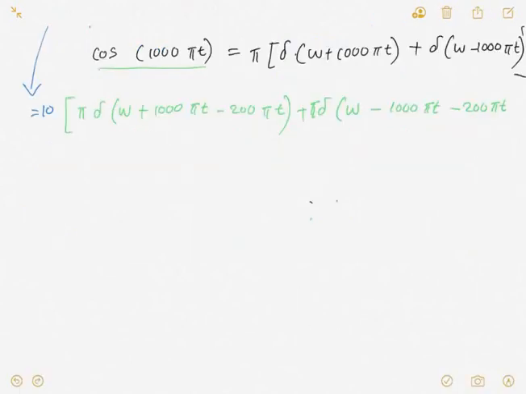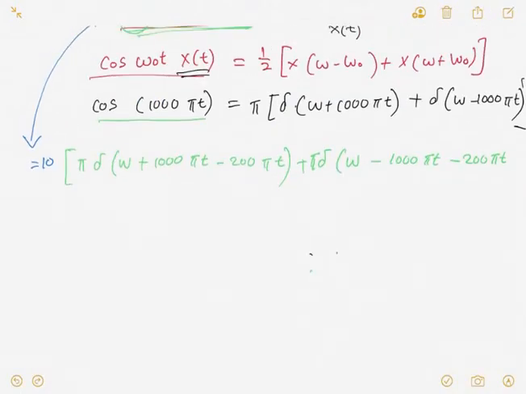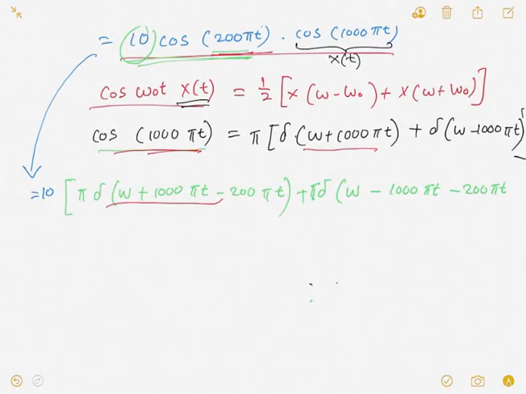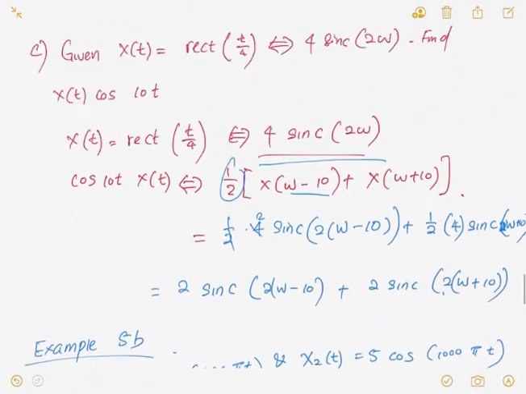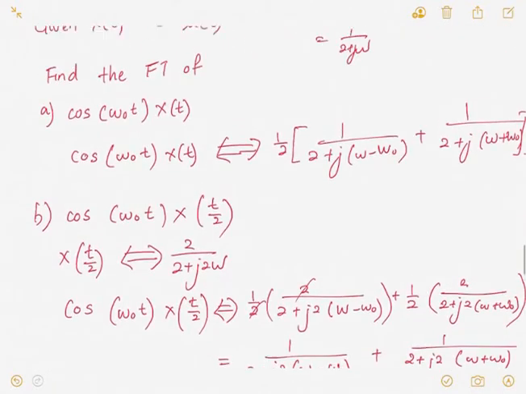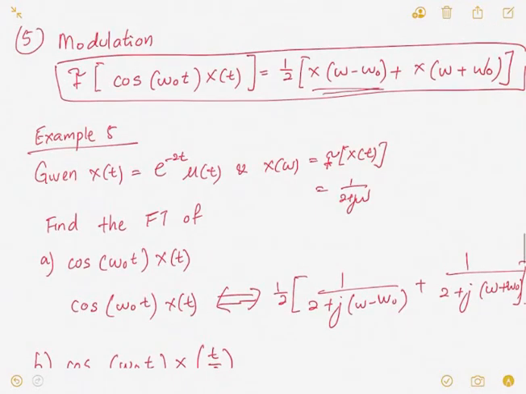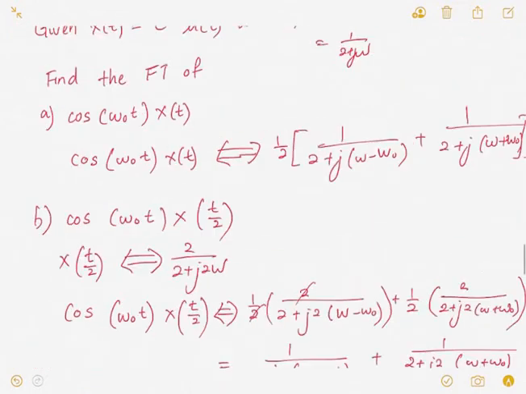So actually this is a combination of two. For cos 1000 pi t you have omega plus 1000 pi, so this part, and then for the 200 part here it is minus 200, so that one follows the modulation property, omega minus omega naught.